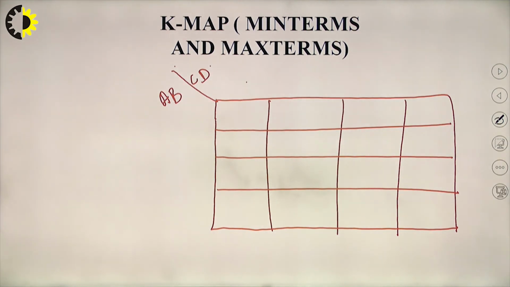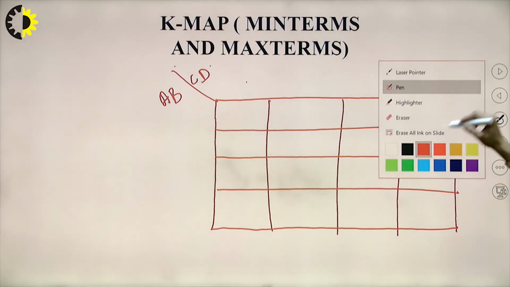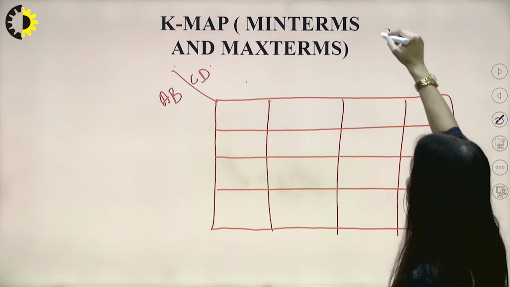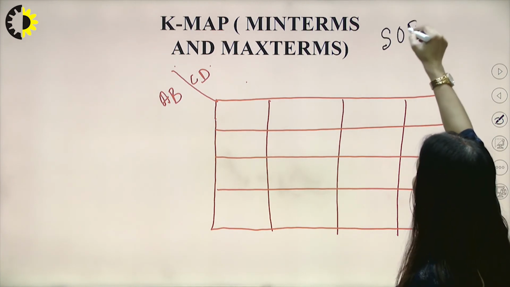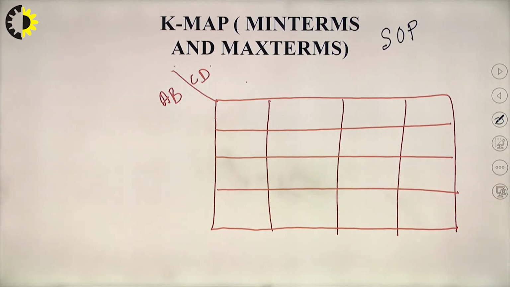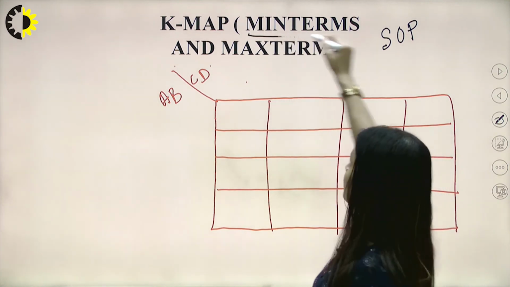Now how will I count? Let us write for SOP, sum of product, that is min terms.